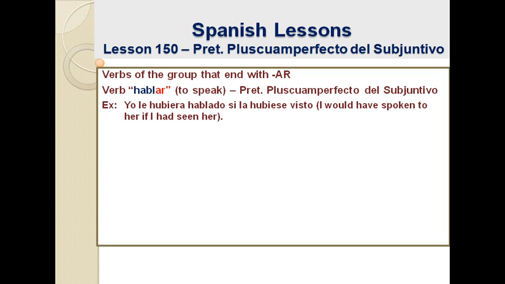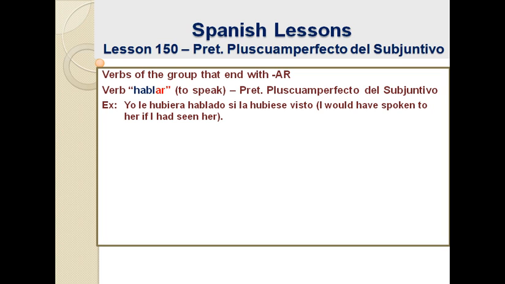Whenever we have an auxiliary verb involved, it's only the auxiliary verb that is conjugated. So here, hubiera and hubiese are conjugated. However, you can see the ending is different, and that is because there are 2 different conjugations of the pluscuamperfecto del subjuntivo, depending on what part of the sentence is involved.